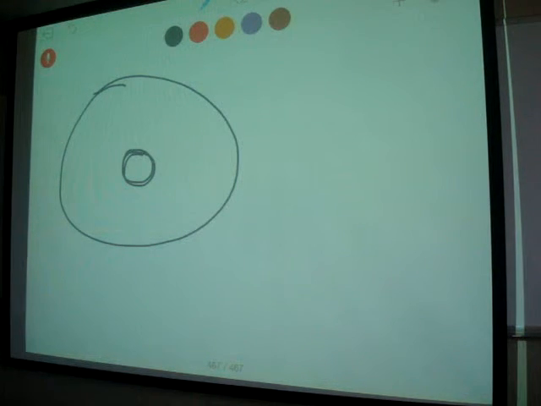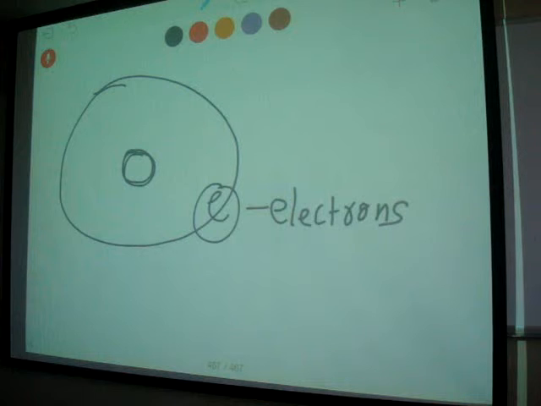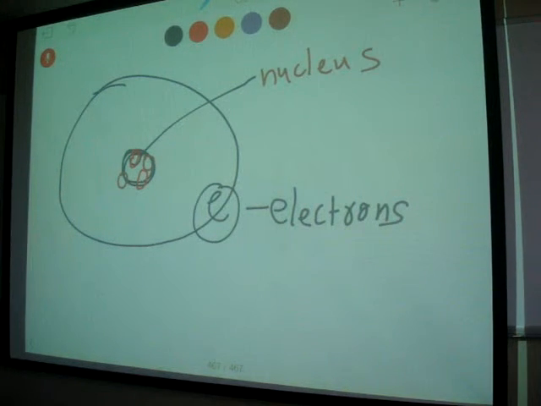Around the nucleus you can see electrons, and in the nucleus protons and neutrons. He said this is his new model, Rutherford's model of the atom.